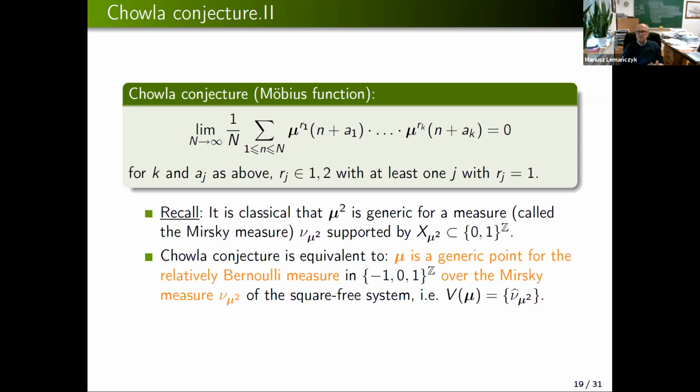It turns out that the probability of changing 1 from mu square to +1, -1 for mu is just 1/2, 1/2. So in other words, intuitively, this measure is Bernoulli, but relative to the Mirsky measure.